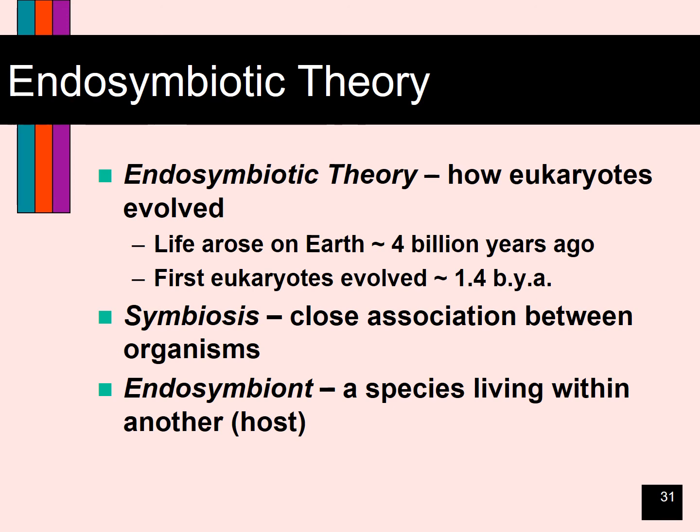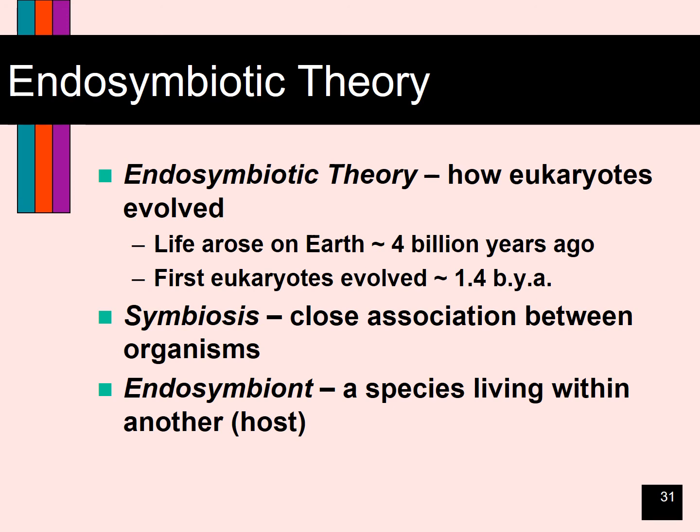The first eukaryotes evolved about 1.4 billion years ago. So the first life was prokaryotic, and then unicellular, one-celled eukaryotes evolved about 1.4 billion years ago, about 2.6 billion years later.